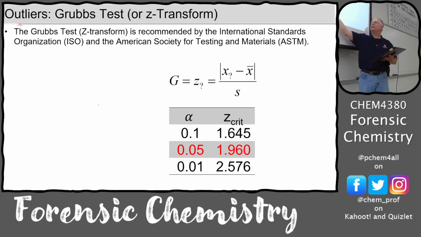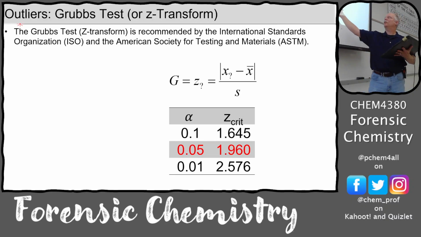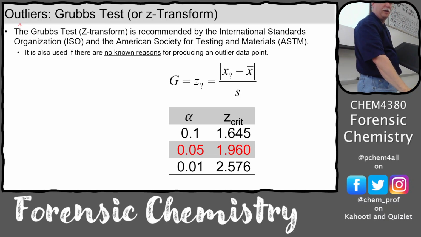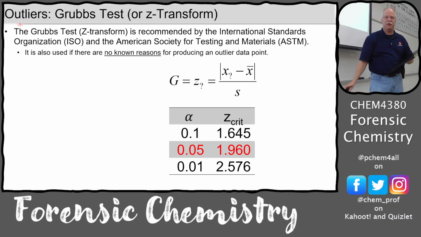What this is saying is how much of a chance would there be for my data point to be 1.96 away from the mean, well, there'd be a 95% chance that it's within that value. So this is our critical value for this normality test or Grubbs test. So again, this is for if there's no known reason for producing an outlier.